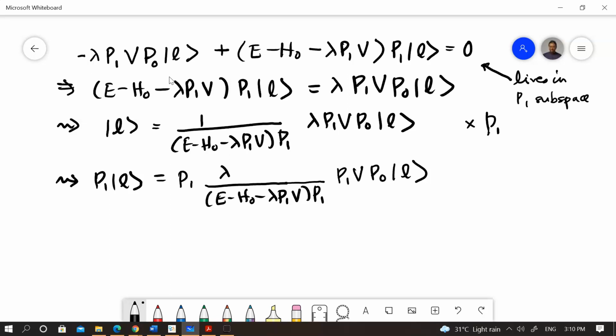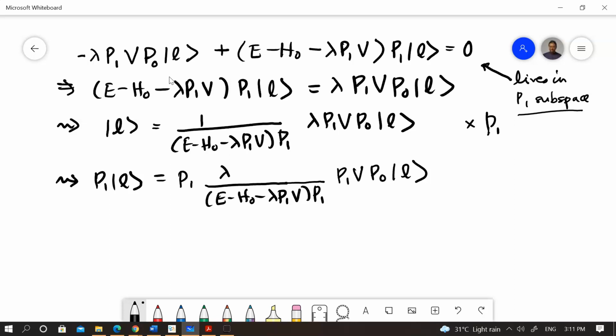So I can always add this operator P1 anywhere, because, for example, this V could have brought the vector outside the P1 subspace. So one can multiply by P1 anywhere inside this equation to ensure that it's still inside this P1 subspace.